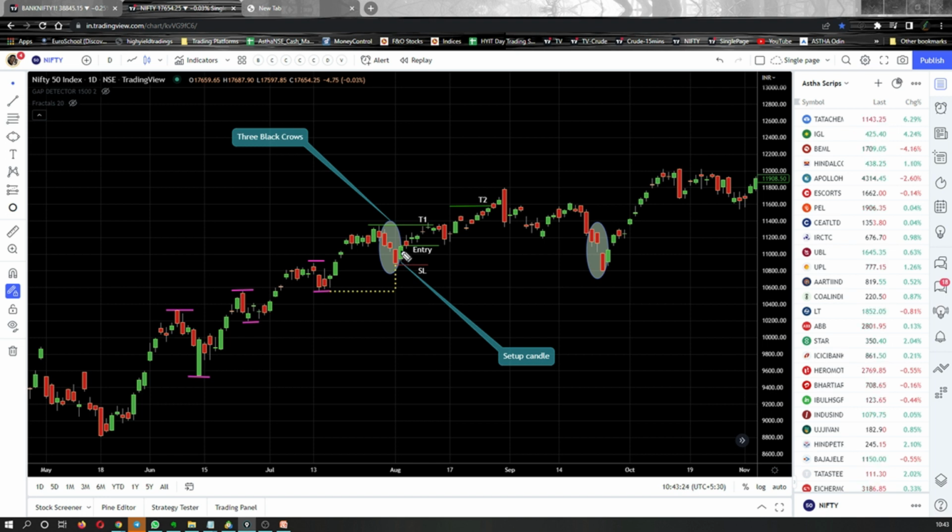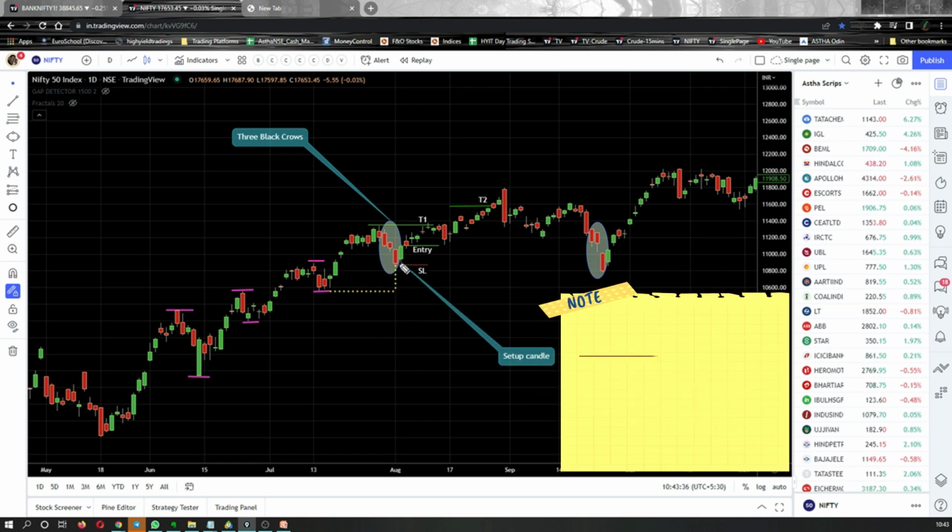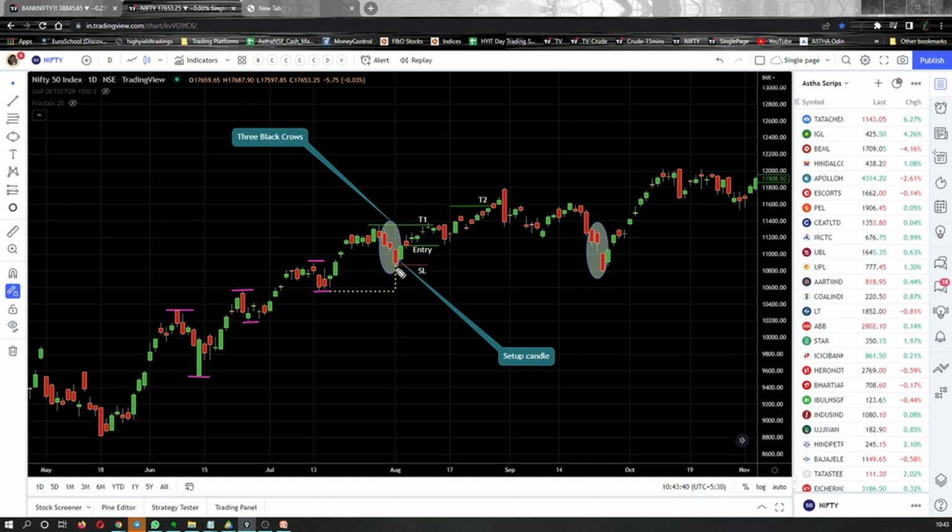Why? Now, remember this point. Three black crows, if you look at it theoretically, tells that whenever we get a three black crows candlestick pattern, we can expect the stock to go down further. But in this case, it is very clear that since we are getting this green candle after this third red candle, that shows us that there is some support lying here.